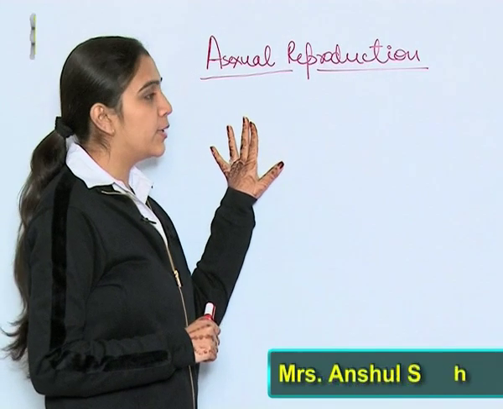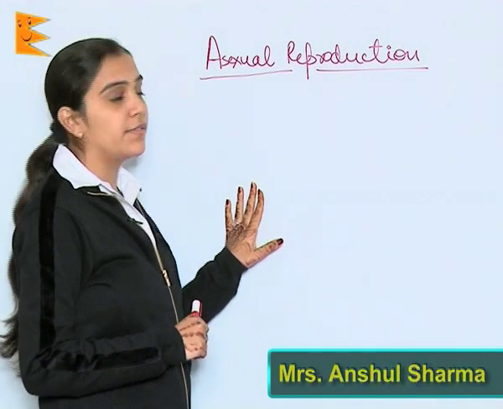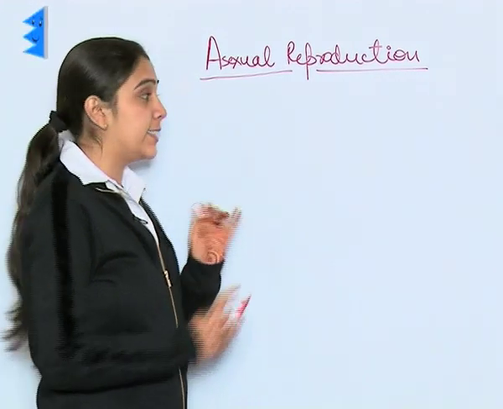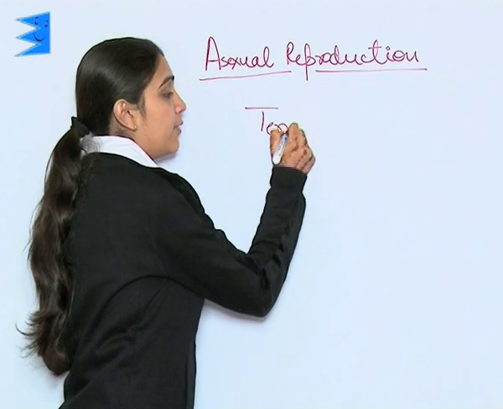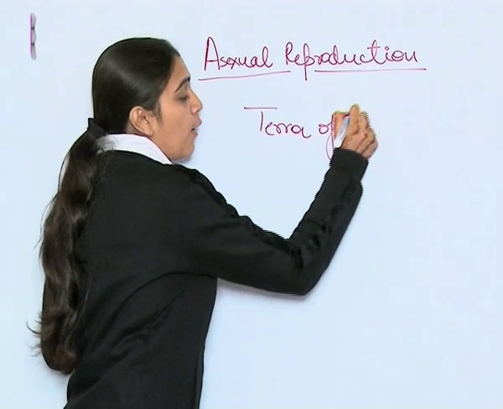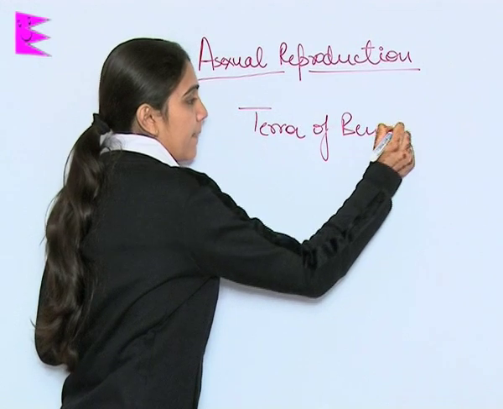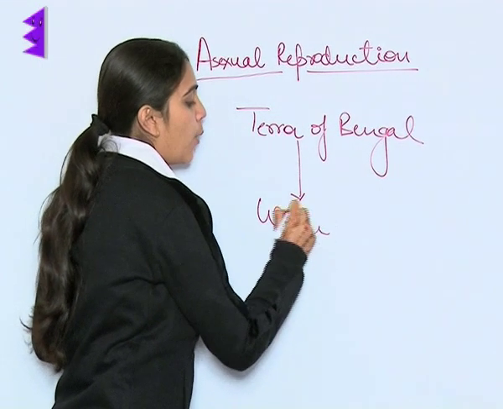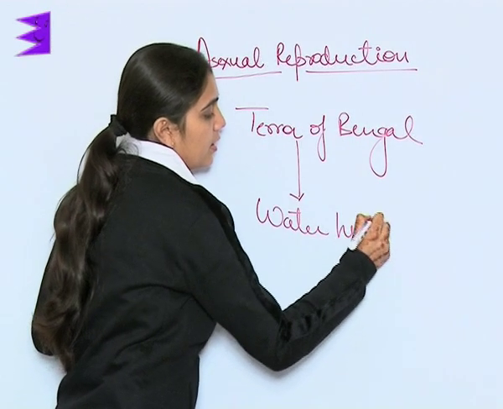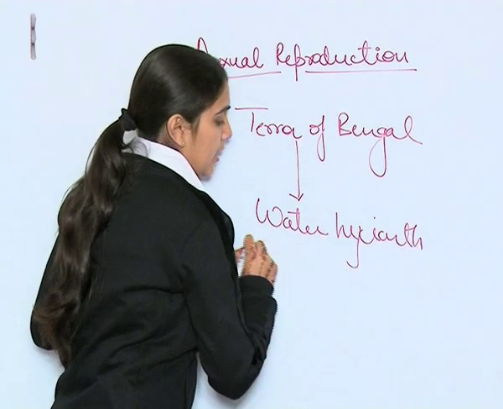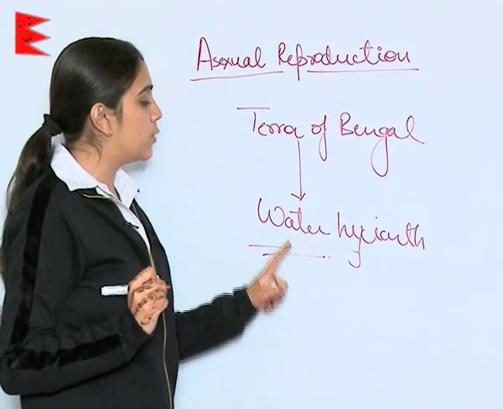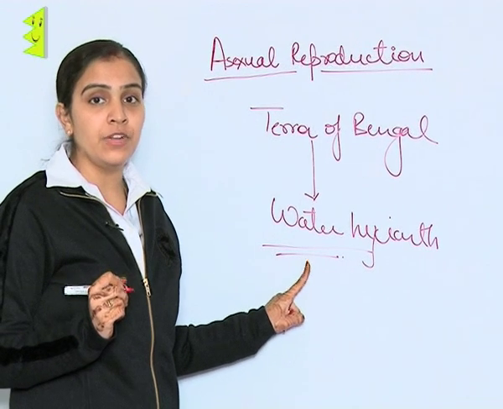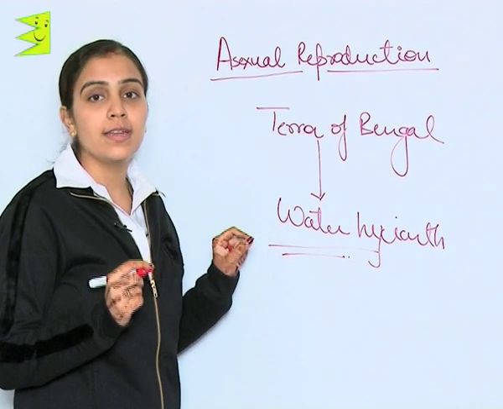Guys, as now I told you about the various processes involved in asexual reproduction, can you tell me what is the terror of Bengal and why it is called terror? Okay guys, it was nothing but water hyacinth. This particular plant can propagate vegetatively through the nodes present in its roots.